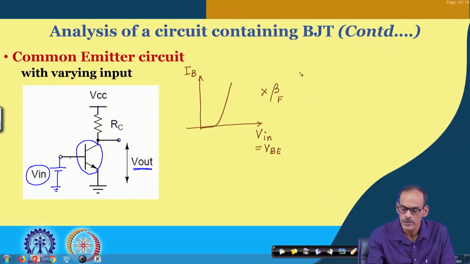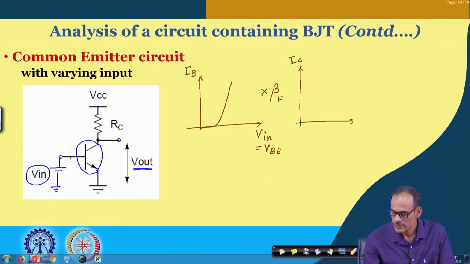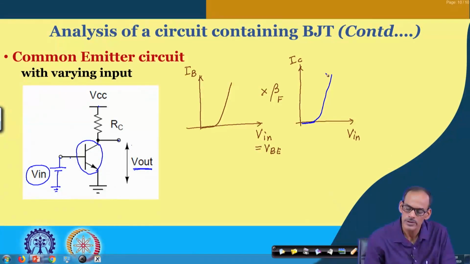So, what we are getting here directly, if I write this, is the IC versus the same V in. We are getting IC versus V in like this.